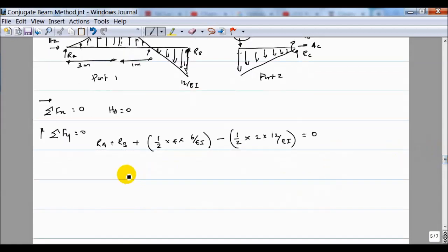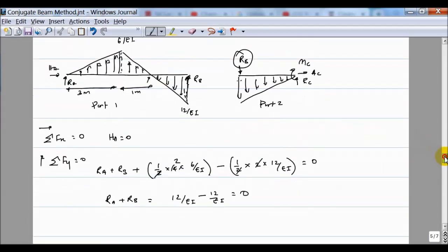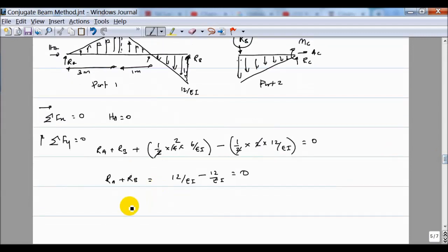That gets me RA plus RB equal to 12 over EI into 2 minus 12 over EI, which is equal to 0. So RA plus RB is equal to 0, which means RA is equal to minus RB.